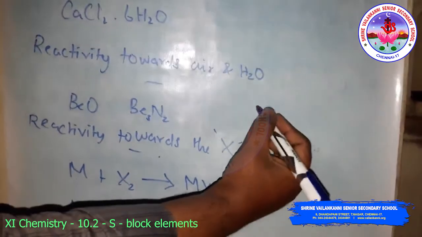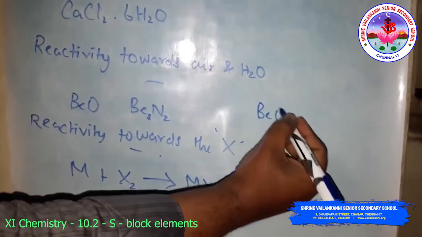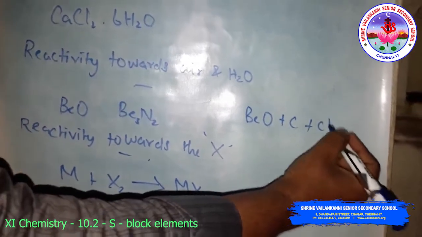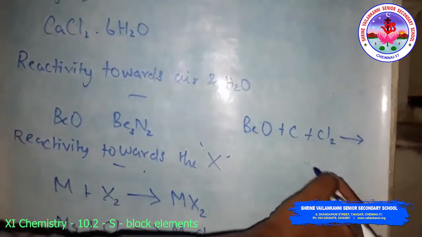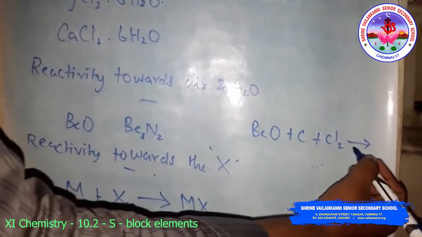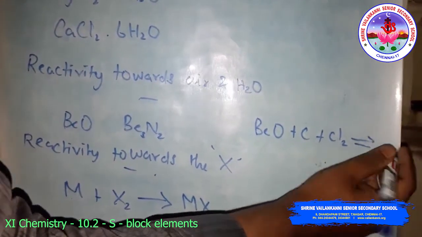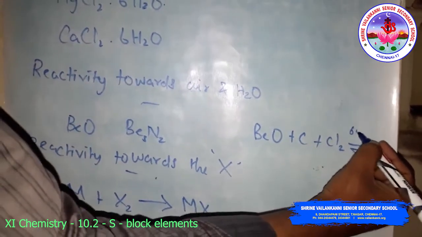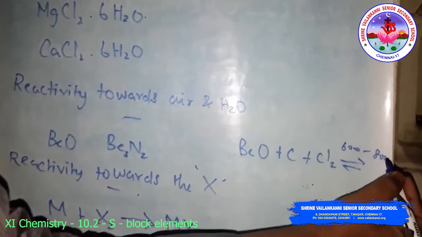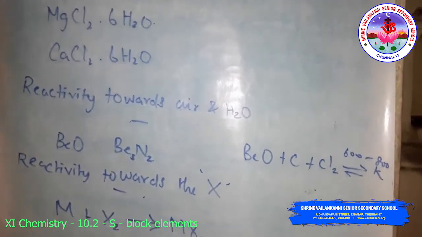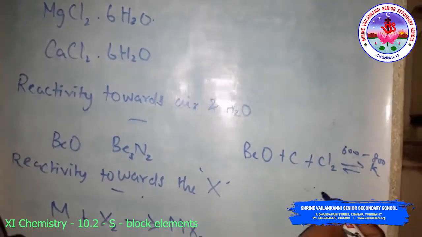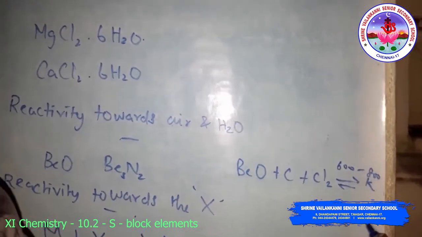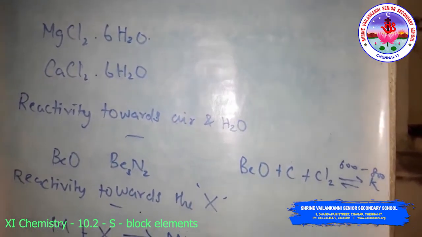That is, beryllium oxide reacts with carbon in the presence of chlorine, at a temperature of 600 to 800 Kelvin, to form beryllium chloride and carbon monoxide.